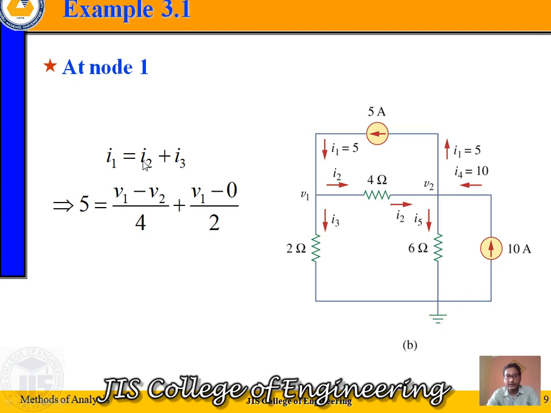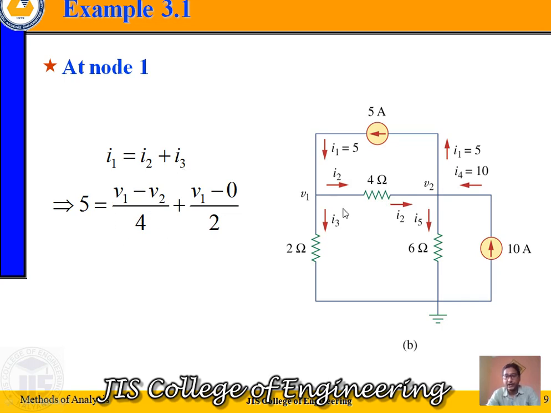Similarly, I2 current. I2 current originates from this V1 node and goes to the V2 node, and obviously in the path of this I2 current there is no current source, no voltage source, only resistances are there. So what is the voltage difference? The voltage difference is V1 minus V2 divided by this 4. That's written over here.